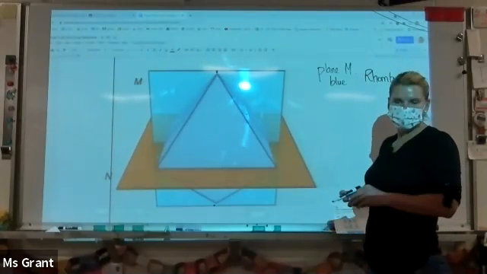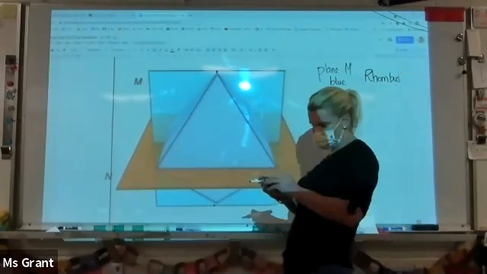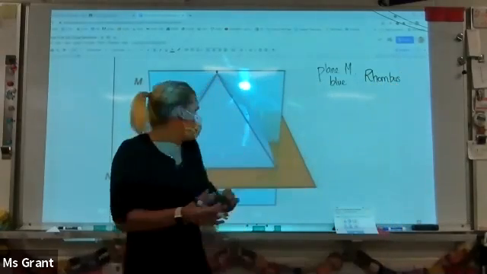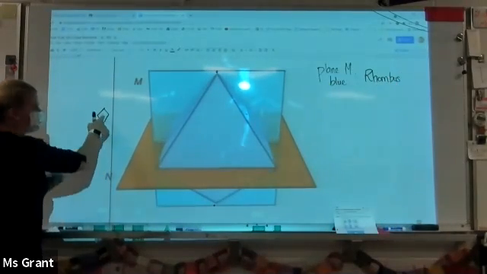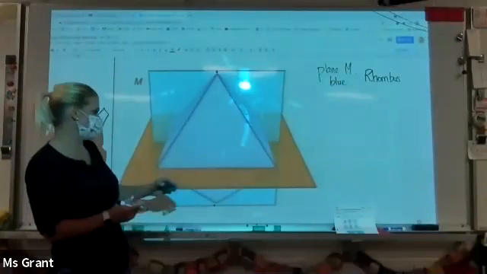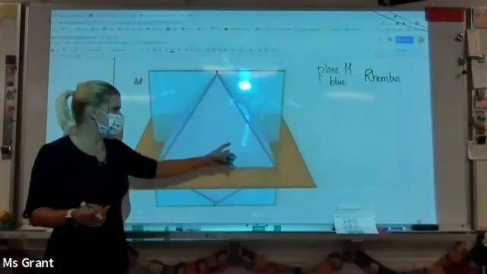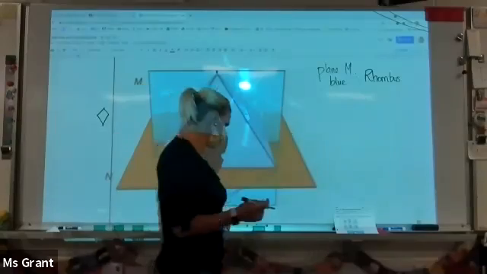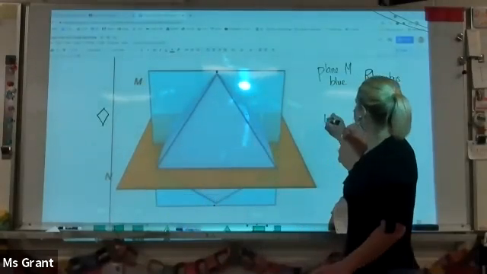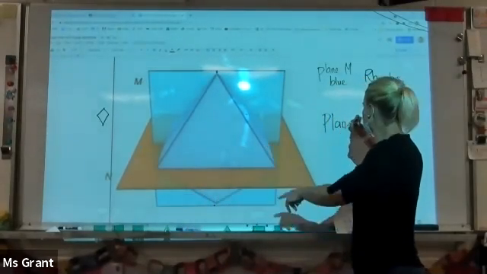It's a kite. The only reason I'm not a big fan of the word kite is because a kite could have 2 short sides and then 2 longer sides. That could be a kite. But whereas I know that all 4 sides are equal when I say rhombus. Okay, plane N is orange.